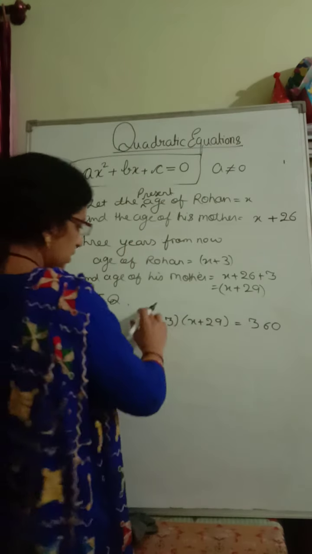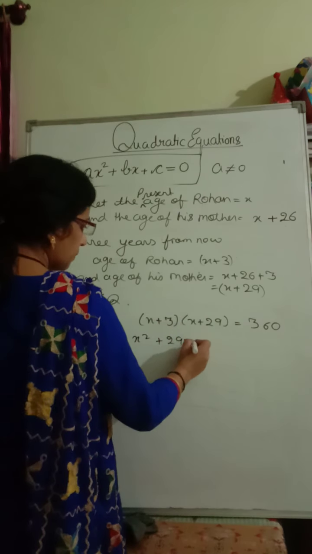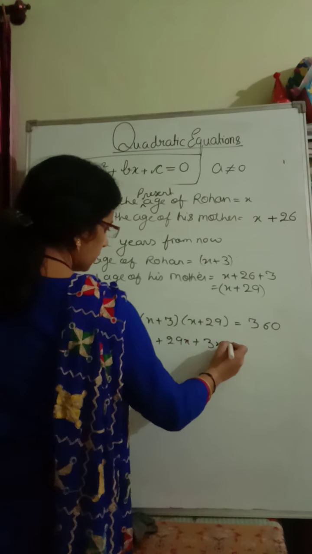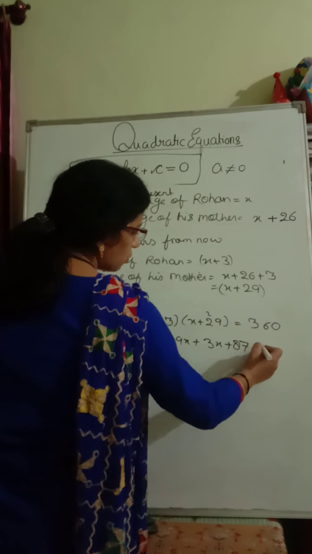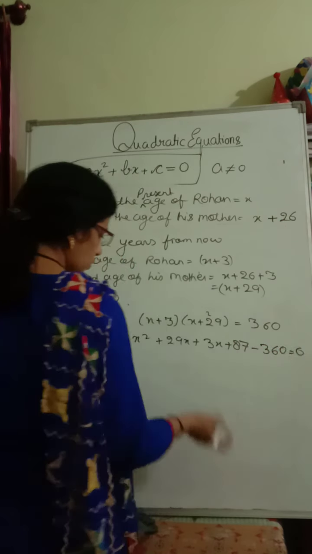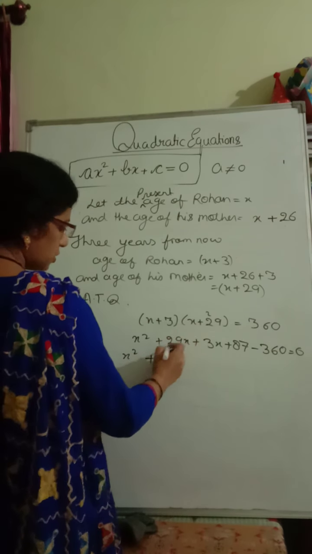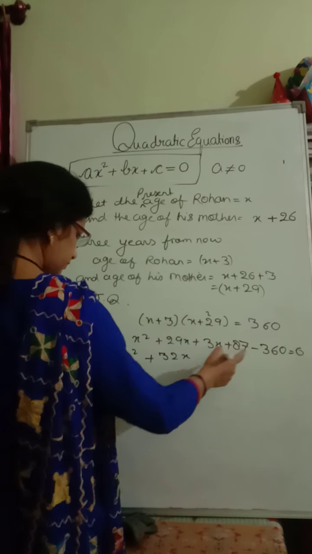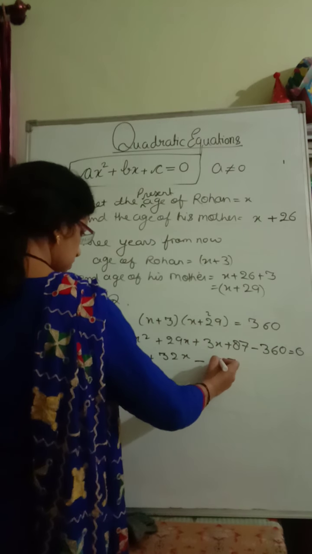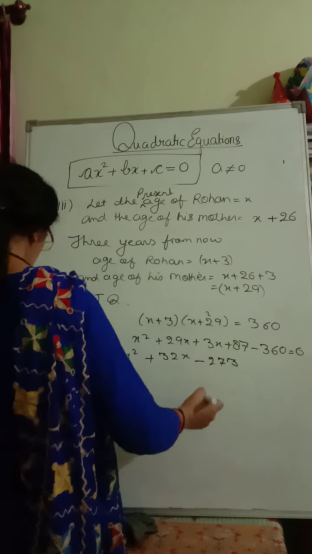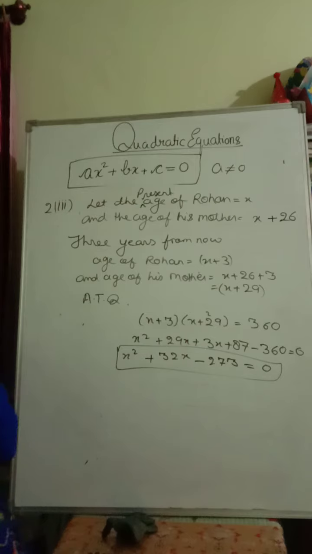Now multiply it inside: x into x, x squared, plus 29x plus 3x plus 87. Now bring 360 here: minus 360 equals 0. Solve it: x square plus 32x, and minus 273 equals 0. So this is your quadratic equation of the third part.